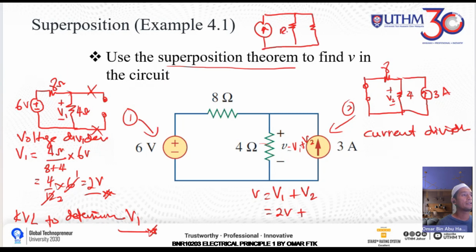This one is I. The equation will be, if you want to find I1, it equals R2 divided by R1 plus R2, times I.